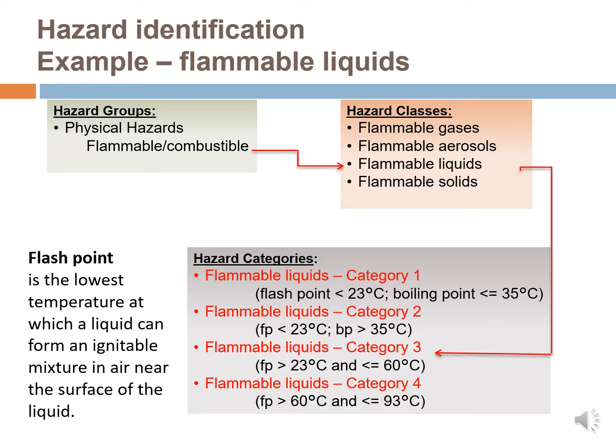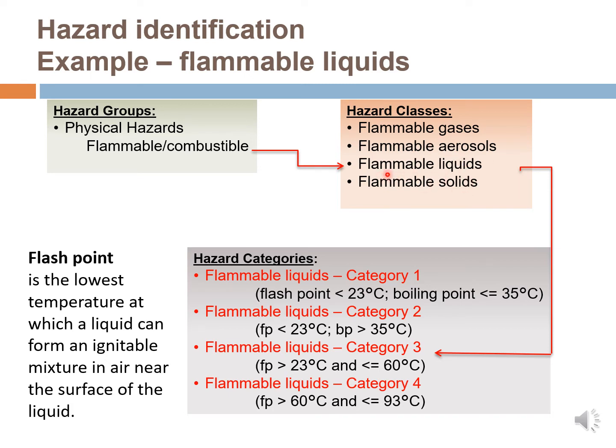In this slide I just gave you the hazard identification. As one example, I take flammable liquids and how we can identify different groups, classes, and categories for them. For instance, flammable combustible is a physical hazard group, and the hazard classes are flammable gases, aerosols, liquids, and solids.